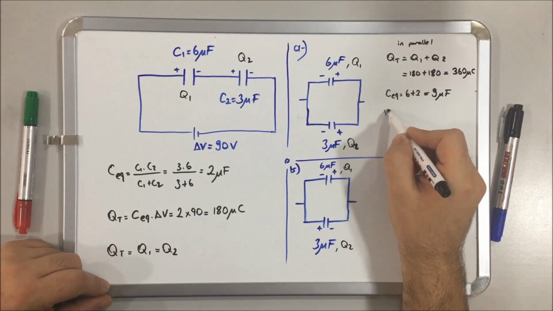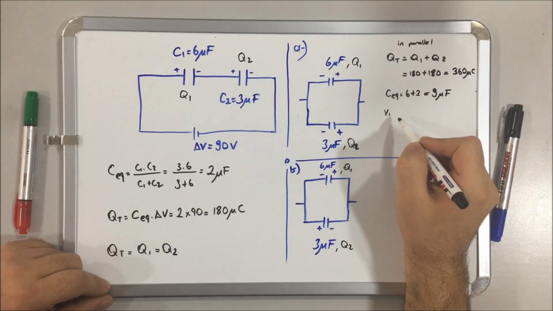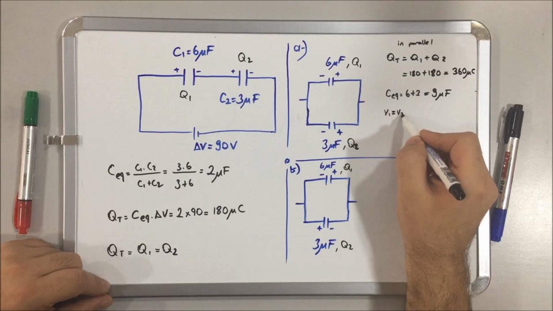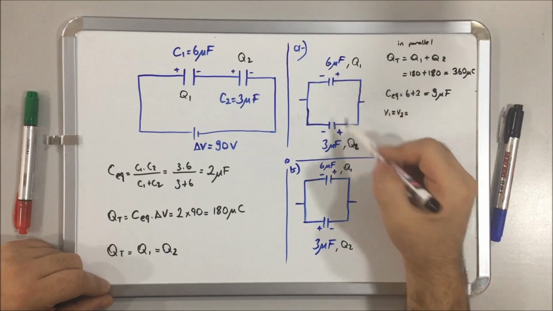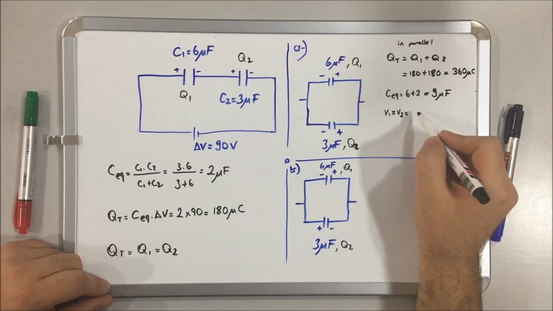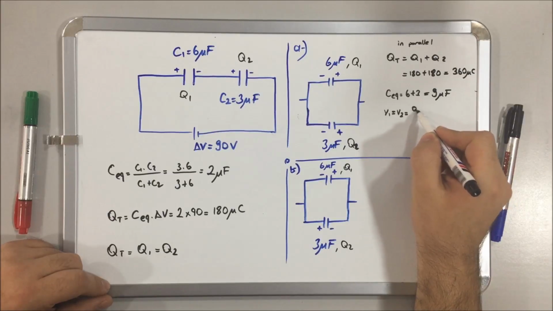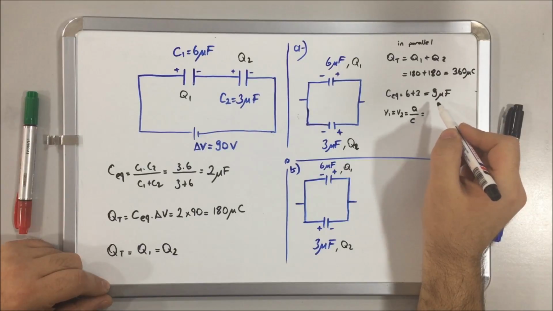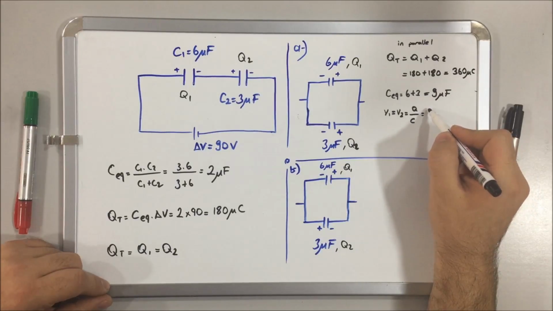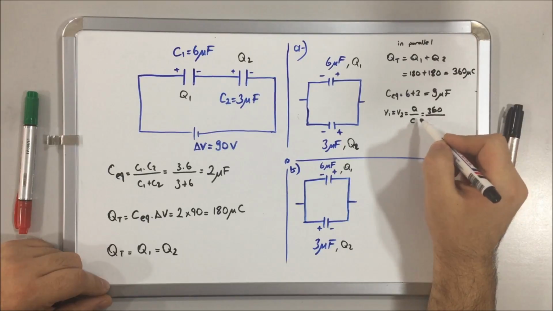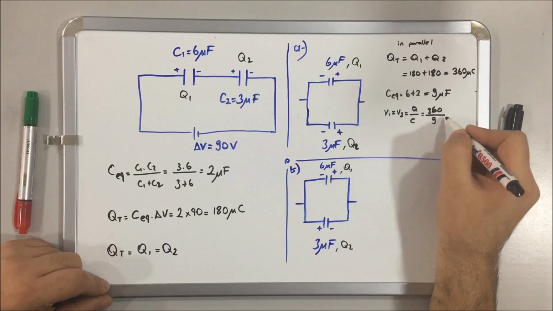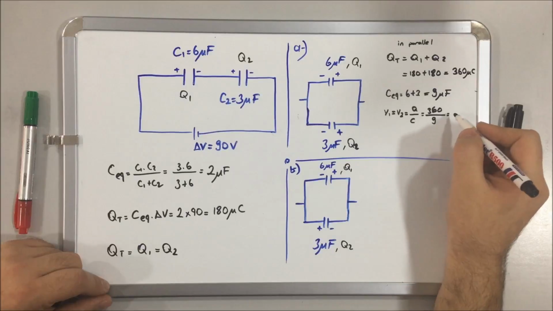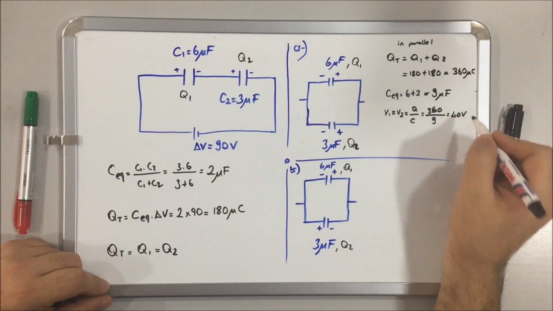And V1, the potential difference of the first one, and of the second one are the same. Why? Because they are parallel to each other. So what's the potential difference? It's Q over C: total Q in the group, 360, over total C in the group, 9. So the potential difference will be 40 volt.